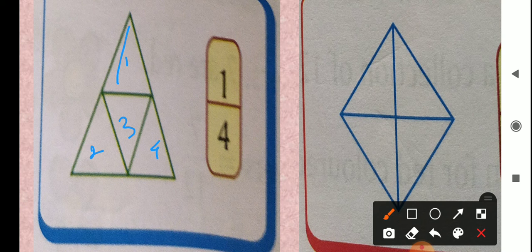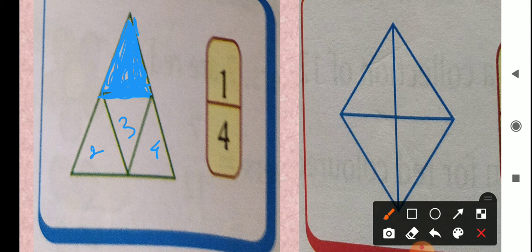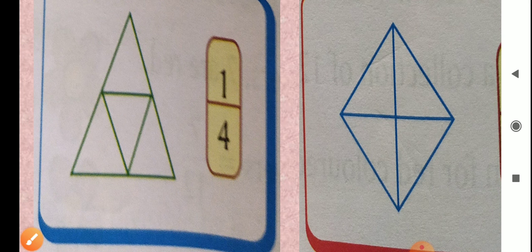From that 1 part we shade. In this way we shade 1 part out of 4 parts.